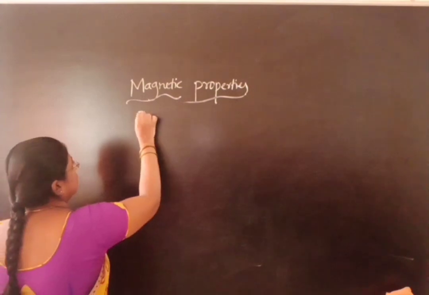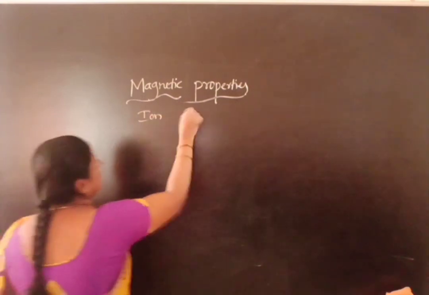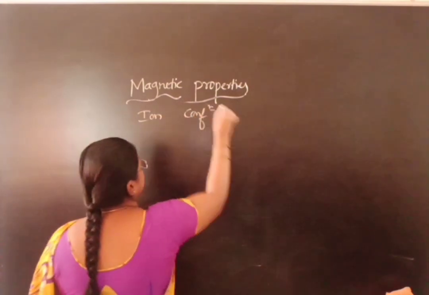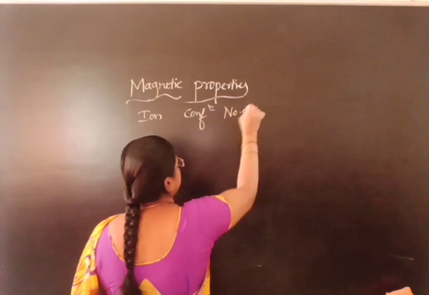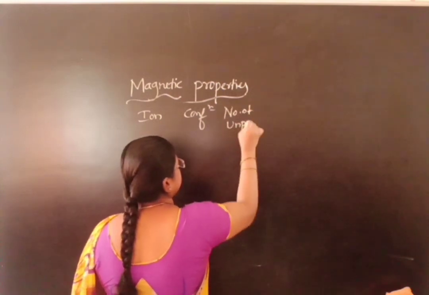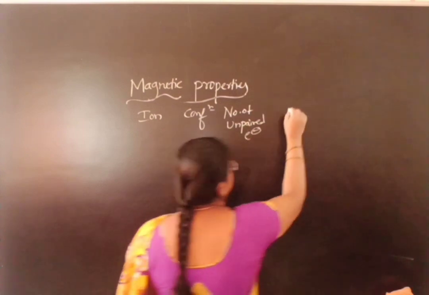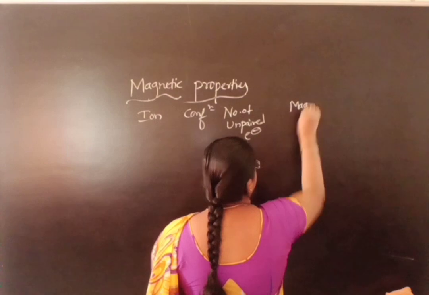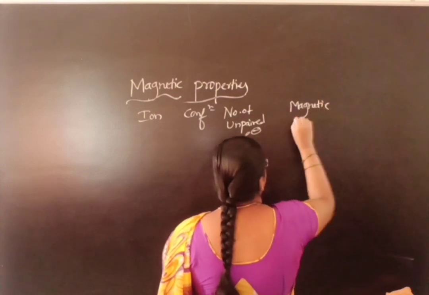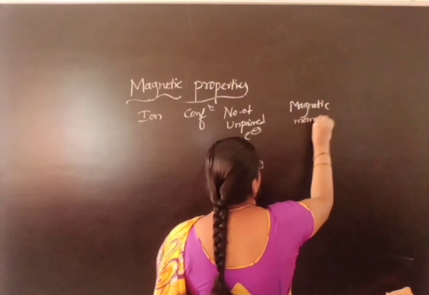If I write here the ion, configuration, number of unpaired electrons, and magnetic moment. This is a calculated magnetic moment.